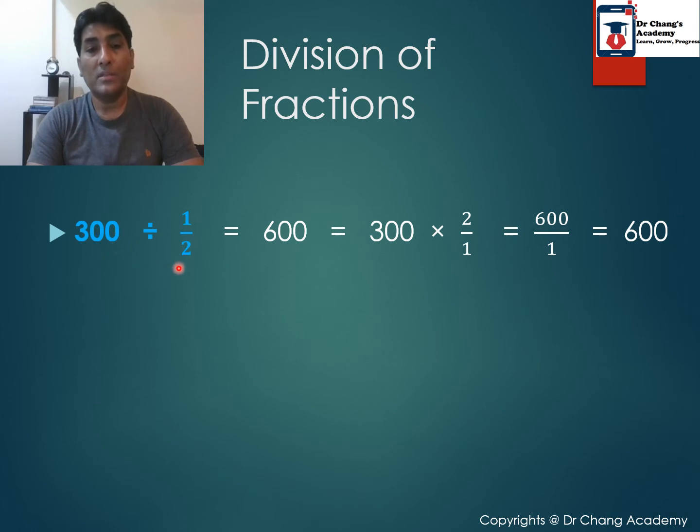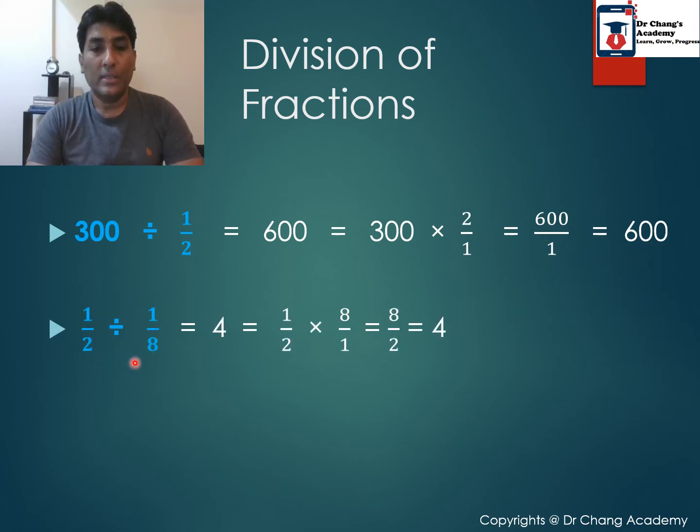And changing this into multiplication like we did earlier, by replacing this divisor by its multiplicative inverse, which is 2 over 1, now multiplying 300 by 2 is 600, and 1 in the denominator stays the same. So 600 over 1 is actually equal to 600. Or in other words, if we divide 600 by 1, the answer is 600.